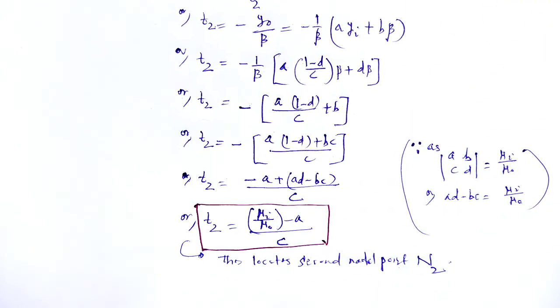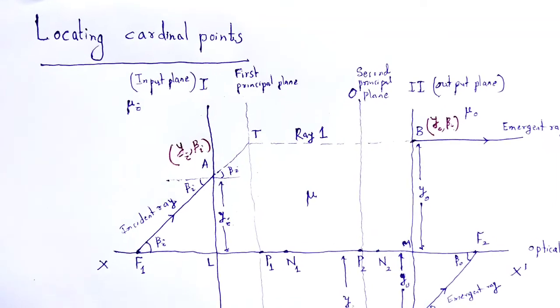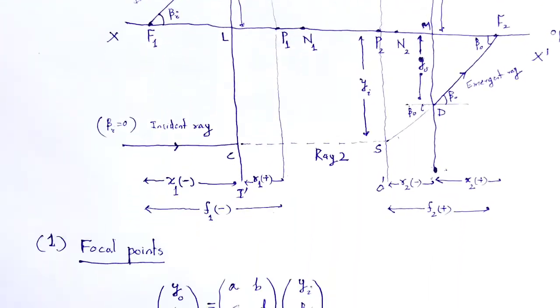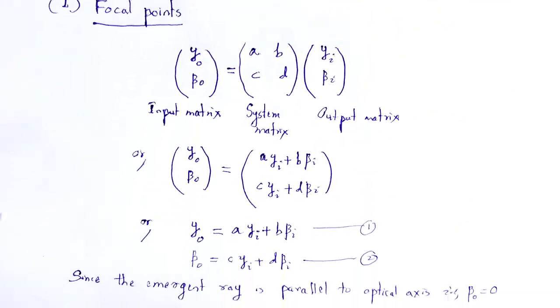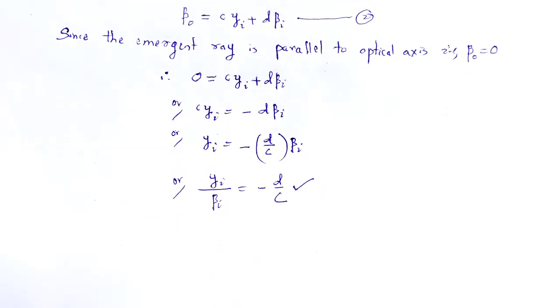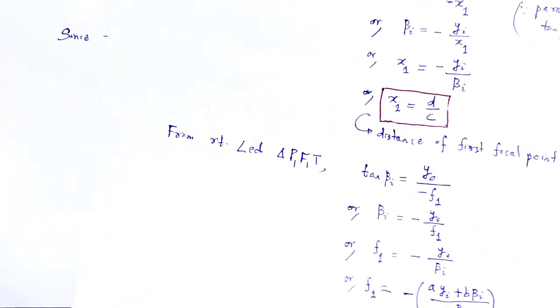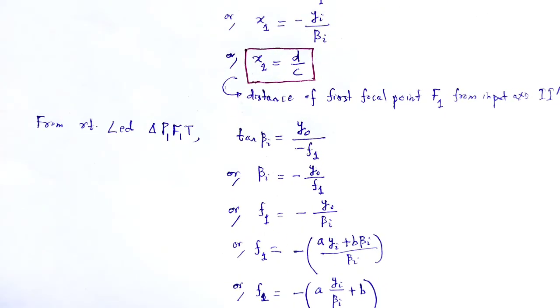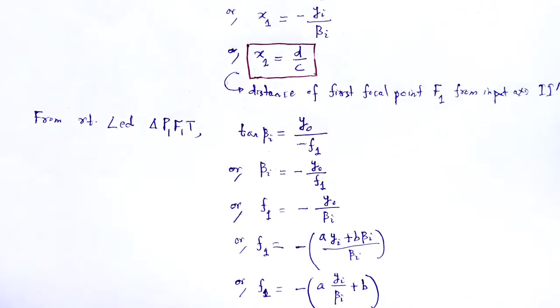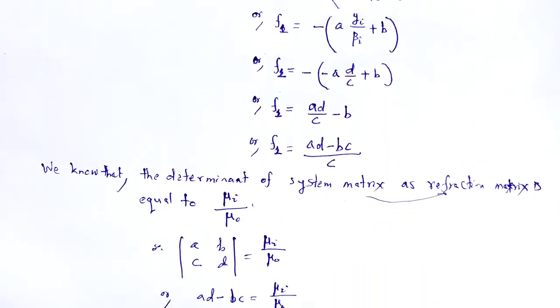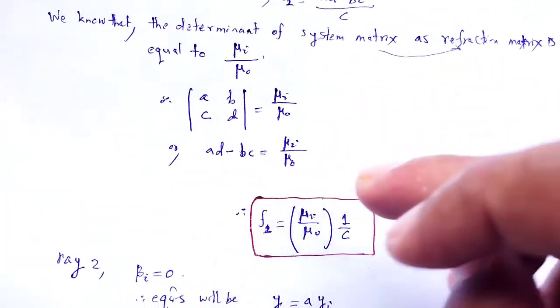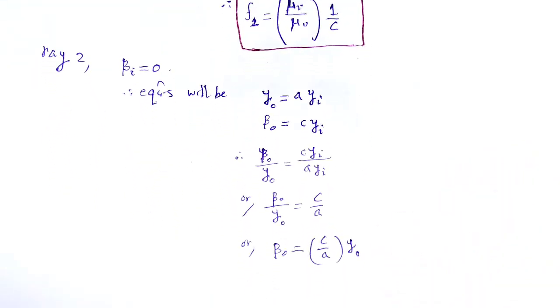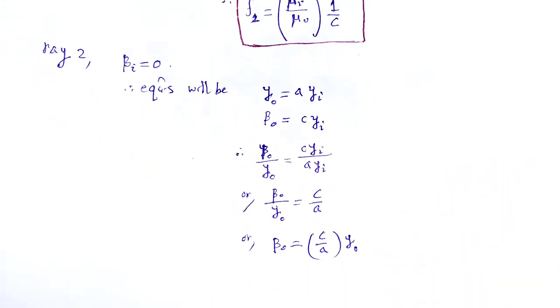These are the possible cases when the refractive index mu I is equal to mu naught, the special case. So with the help of this video lecture, we understood locating cardinal points. For focal points, that is x1 with the distance of the first focal point f1 from the input plane. Next, taking ray 2, we get x2 and f2.